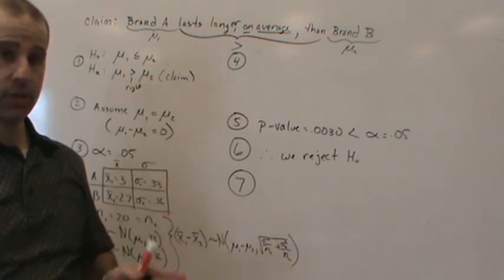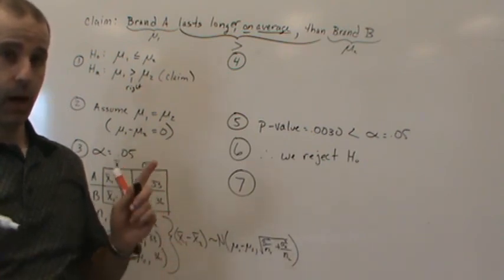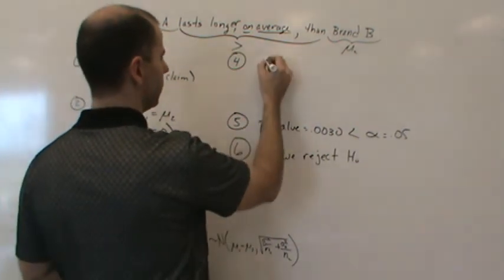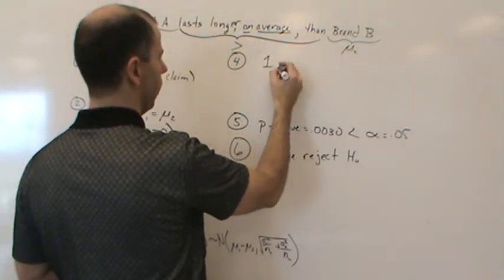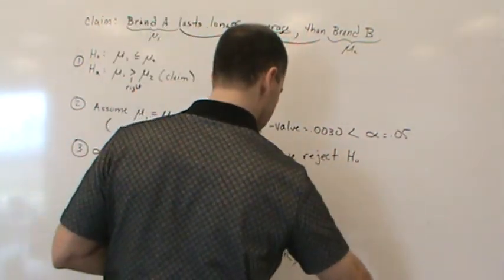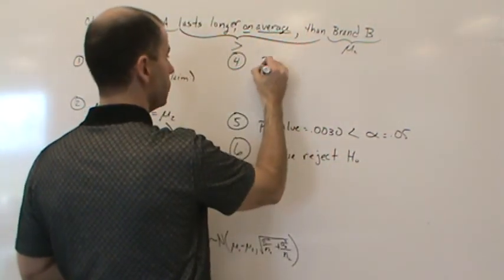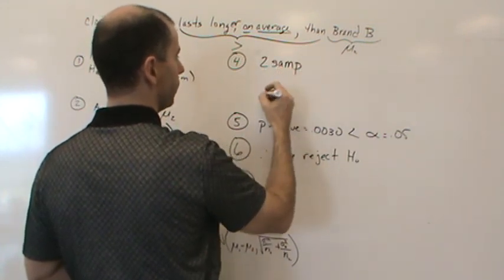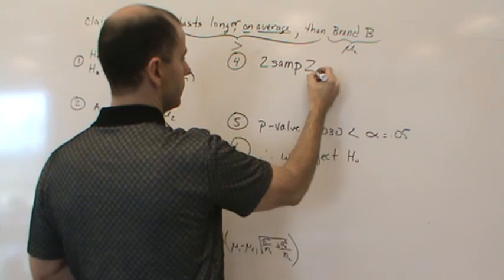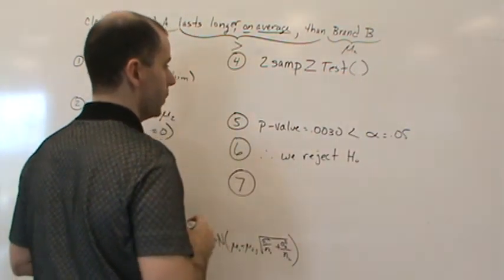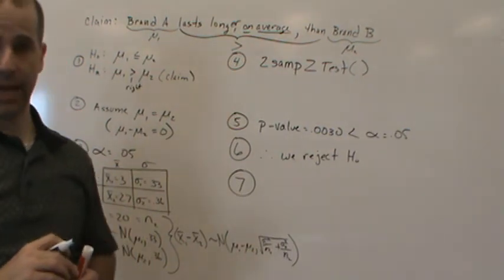So the population standard deviations are both known. Okay? If that's the case, then the function on your calculator is going to be 2-SampZTest. 2 sample z test.